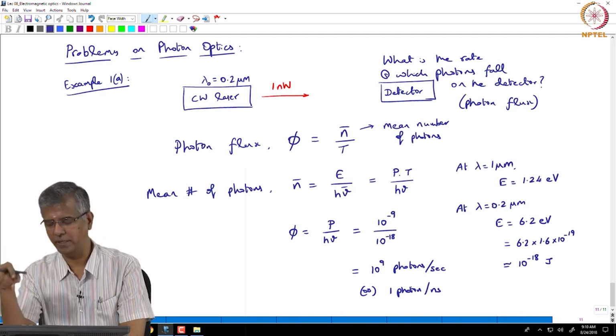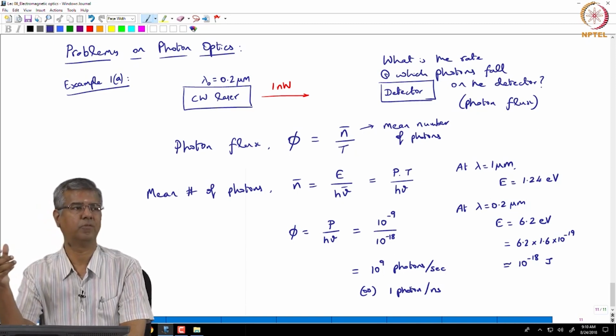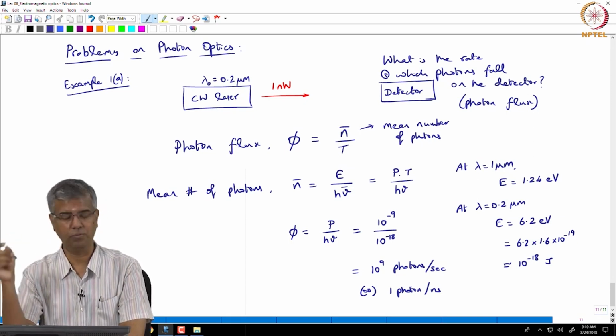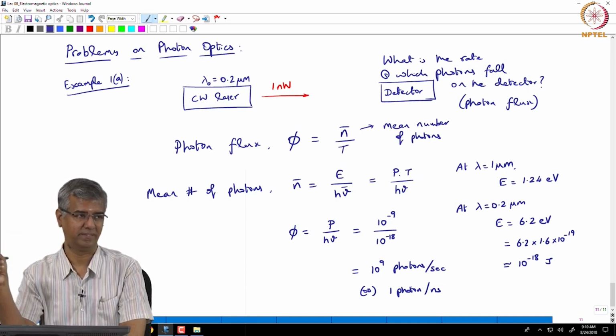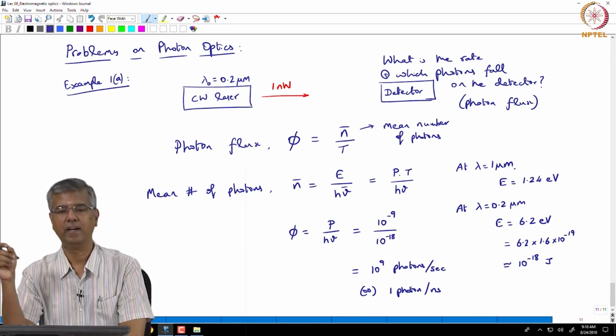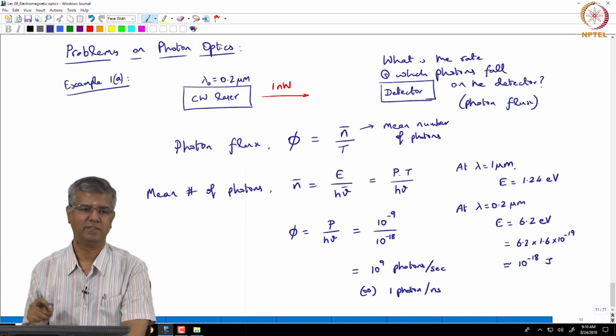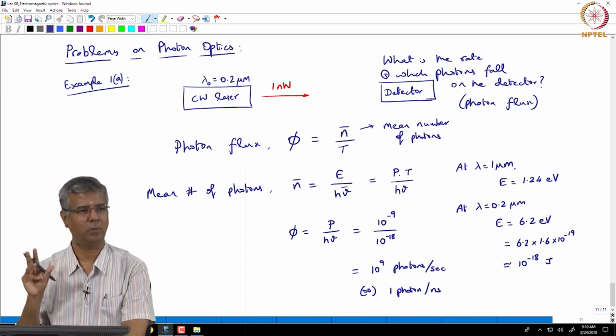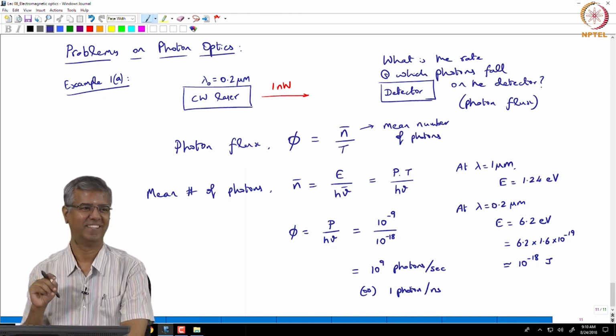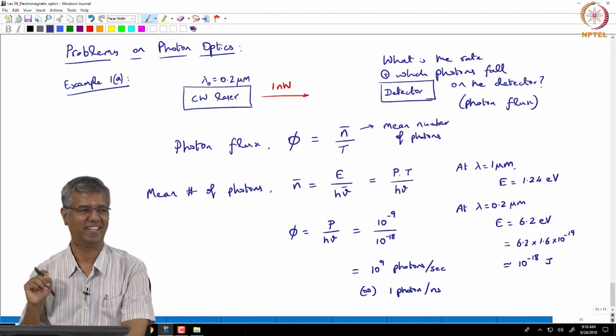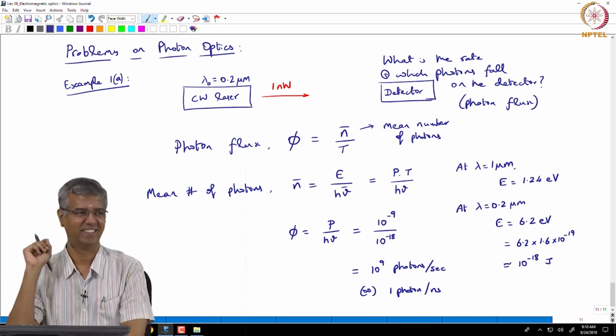Okay. You take that out of the detector, the detector will give you a corresponding photocurrent which you convert to voltage, and you feed that voltage to a speaker. Okay. Now, what do you expect? You expect to hear a pop every nanosecond, right?